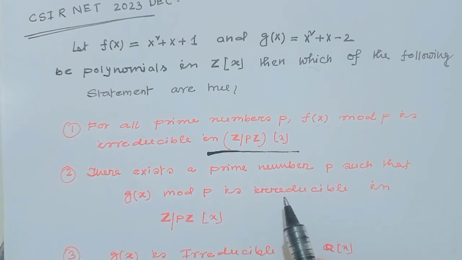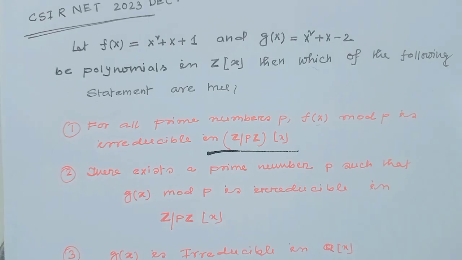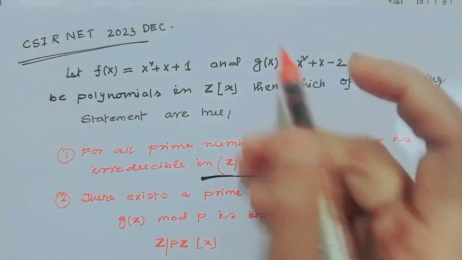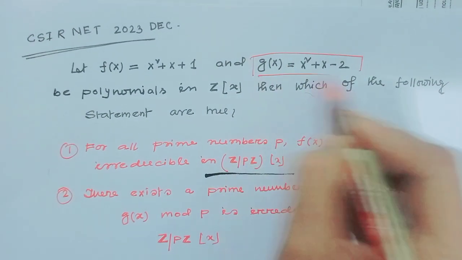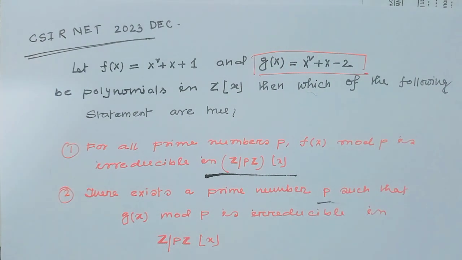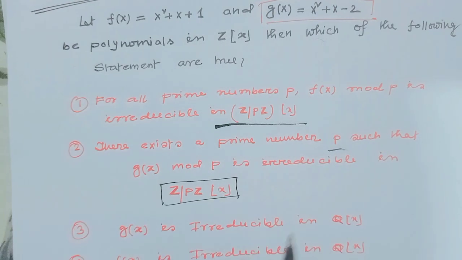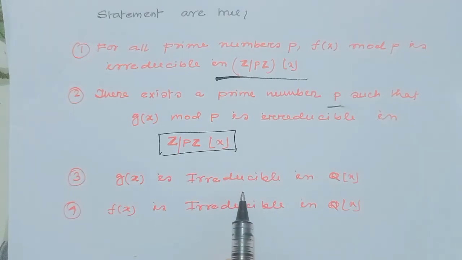Option 2: There exists a prime number p such that g(x) modulo p is irreducible in Z/pZ[x]. Option 3: g(x) is irreducible in Q[x], and option 4: f(x) is irreducible in Q[x].